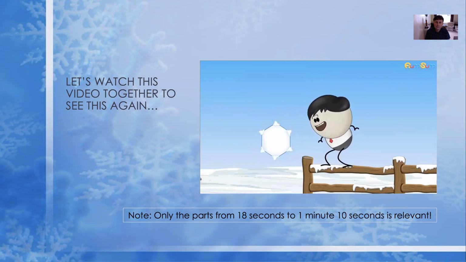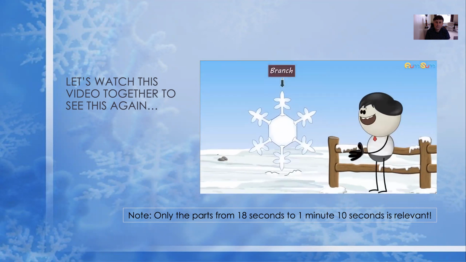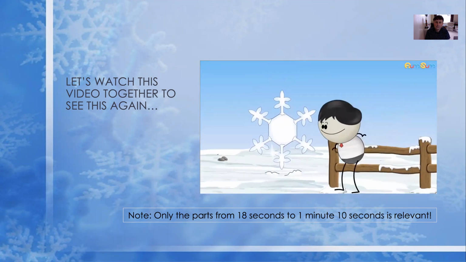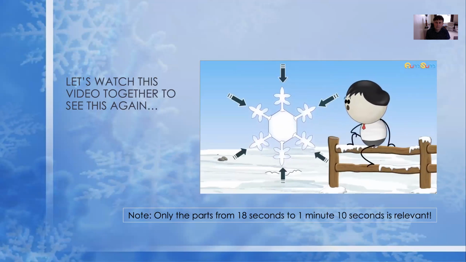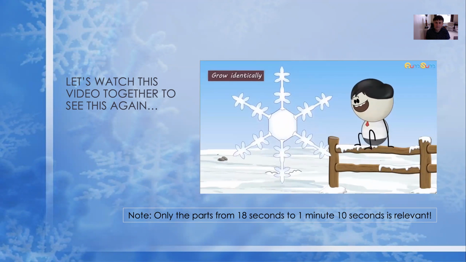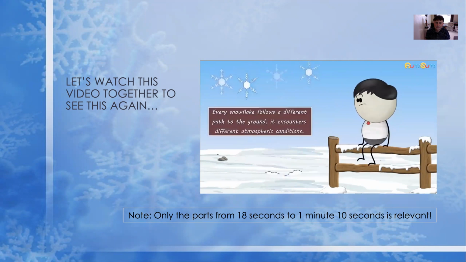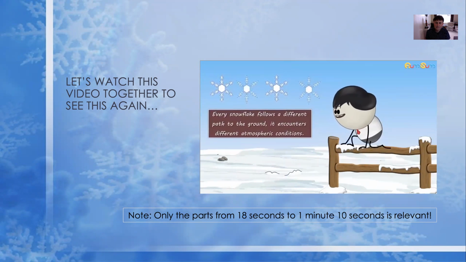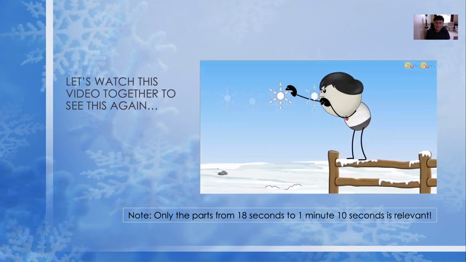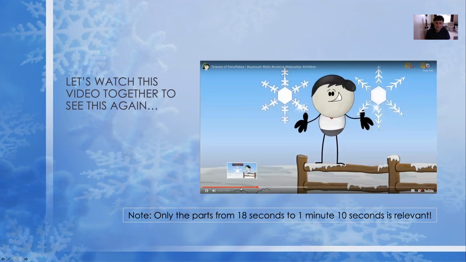As a result, the water starts freezing on the 6 corners of the ice crystal, causing branches to grow on the corners and thus giving us a beautiful snowflake. Also, as the atmospheric conditions are the same on all sides of the snowflake, the branches grow identically, thus making the snowflake symmetrical. But since every snowflake follows a different pattern to the ground, it encounters different atmospheric conditions. Hence, it is said that no two snowflakes are the same. They all tend to be unique.